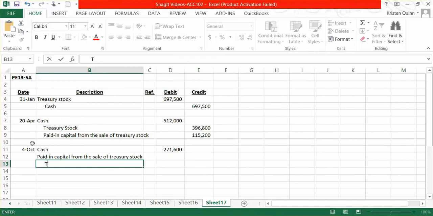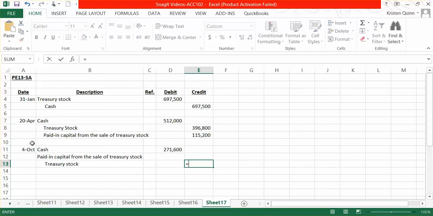And again, what we're selling is our treasury stock. Again, we initially had 22,500 shares. We sold 12,800, and those were on our books at $31 per share.